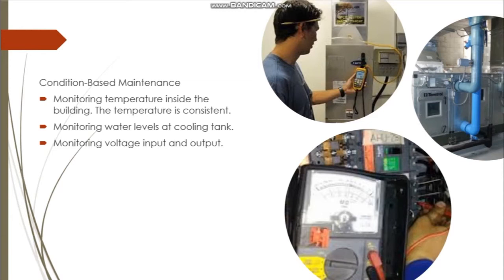Not to forget the volume of air inside the AHU system. Eventually, all these maintenance are performed to maintain the desired output and input to maximize the comfort level of the occupants inside Masjid Saidina Abu Bakar.